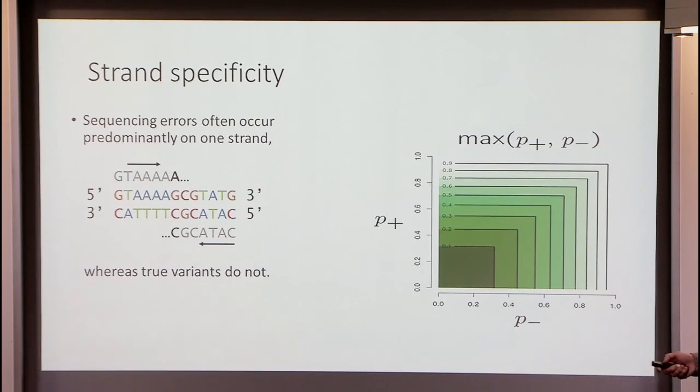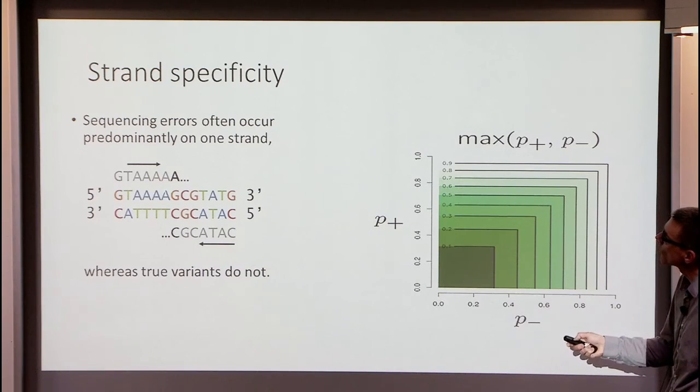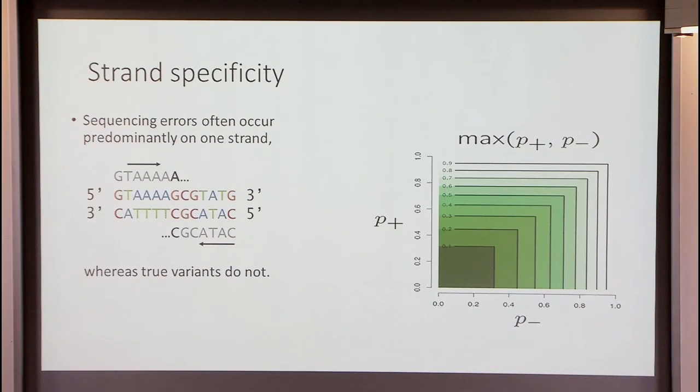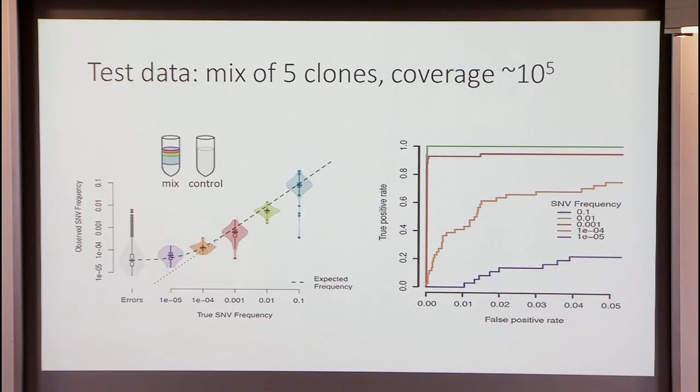So one reason for discrepancy might be that there's a homopolymeric region here that gives rise to an error when you read this way, whereas if you read the other way, you're not encountering that homopolymer, and you're less likely to make that error. So you would call the SNV only if you call it significantly both on the forward strands and on the reverse strands independently. And then you have to combine the p-values, and there's different ways to do that.